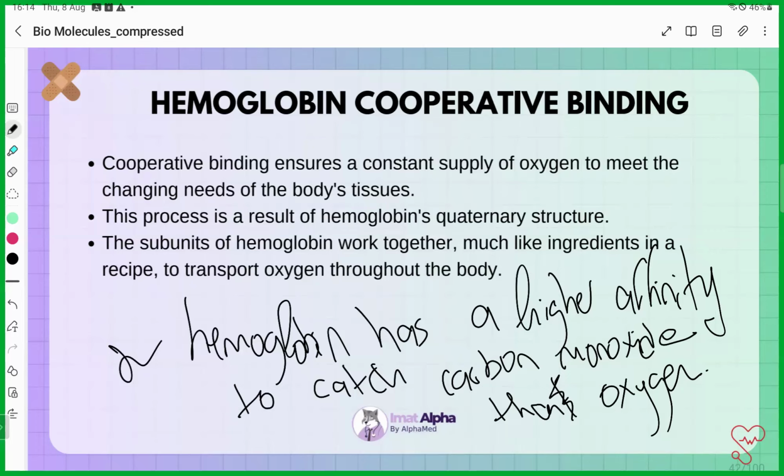So protein only functions in its main structure, and the main structure in which hemoglobin functions is the quaternary structure. So the function of hemoglobin, the cooperative binding, starts at the quaternary structure of hemoglobin.